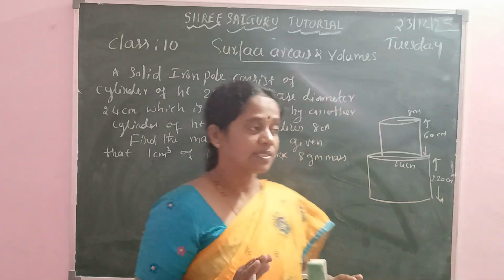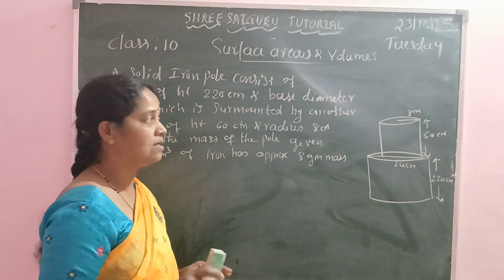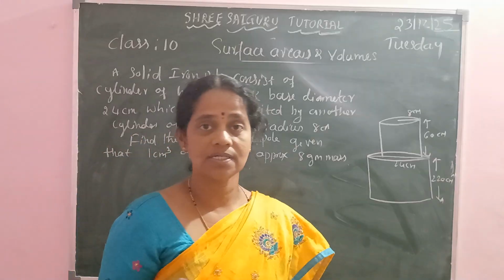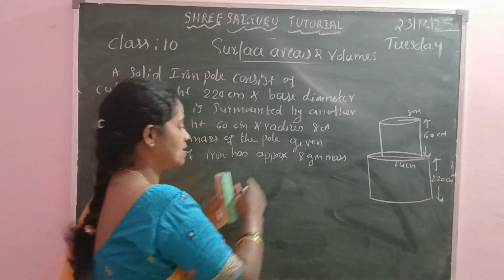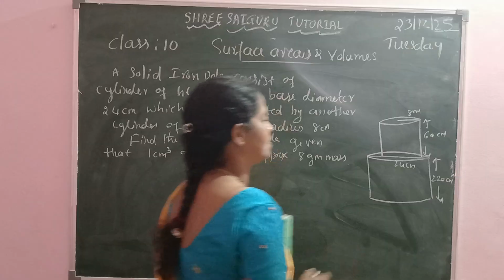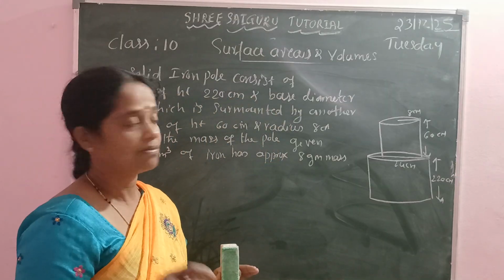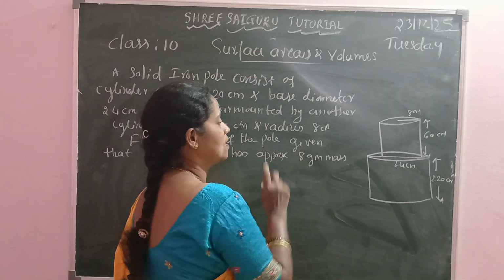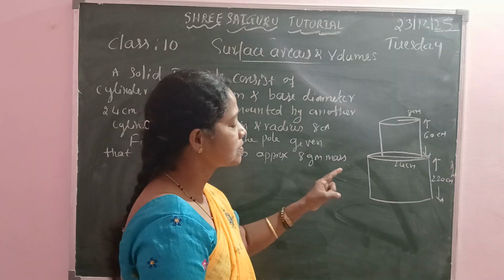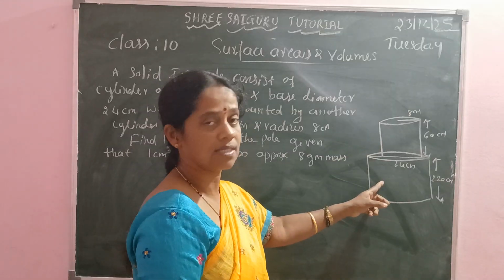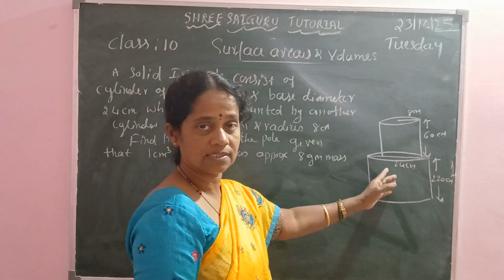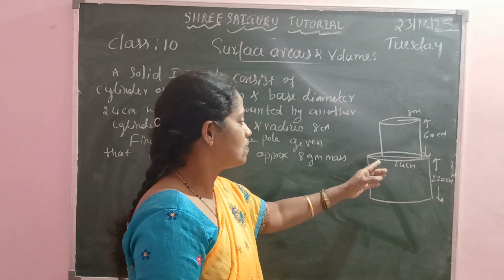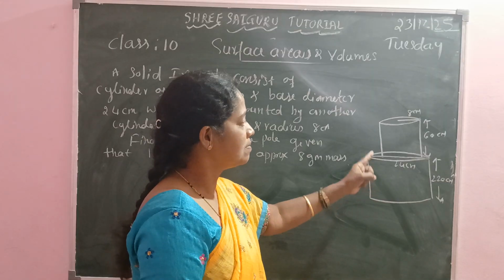First read the question and what is given in that question, and after that try to draw the diagram here. Dear student, we are given one solid pole which is the combination of two cylinders. This way it is arranged. You have two cylinders of different measurements.